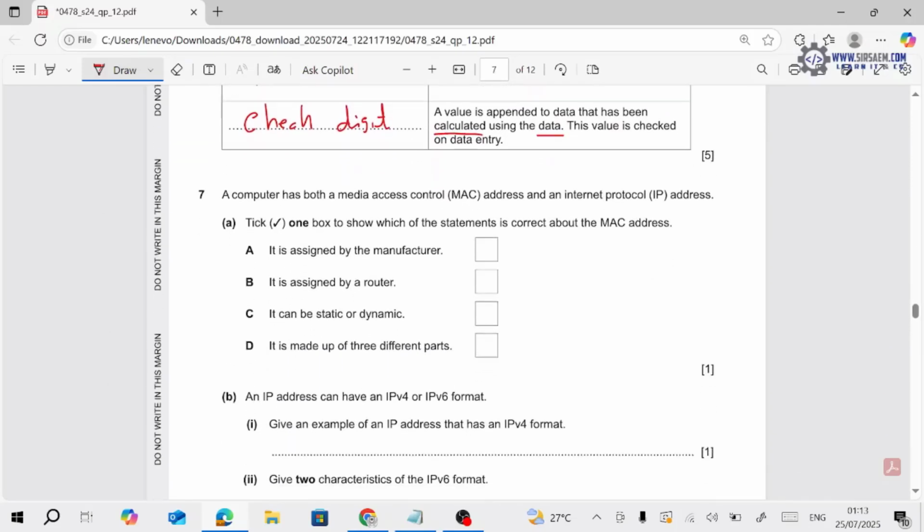A computer has both a media access control and an IP address. So a MAC address is a physical address which is embedded onto the device. It is obviously the first one, which is assigned by the manufacturer. So the MAC address is embedded on every device physically.